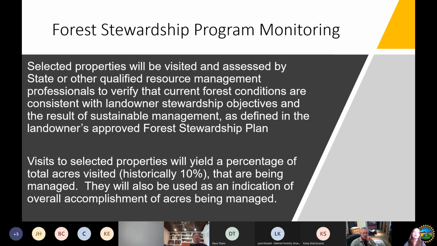Our monitoring is to see if people are actually implementing these forest stewardship plans, and we want to encourage it as much as possible. So we historically monitor 10% of the people that have not been visited in 5 years, but they are randomly selected.